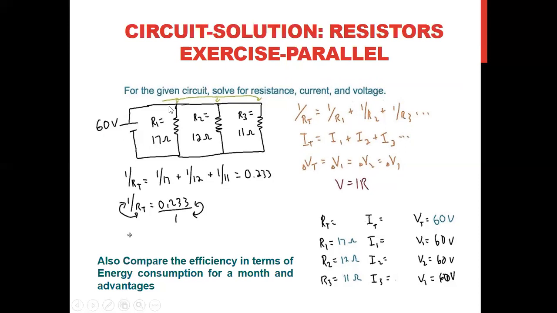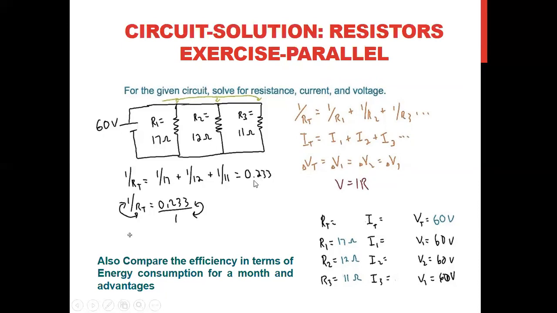Voltage is the same for each parallel path, and current is divided. So total current IT will be I1 for path 1, I2 for path 2, I3 for path 3. It's like that. So total resistance 1 by RT equals 1 by 17, 1 by 12, 1 by 11.